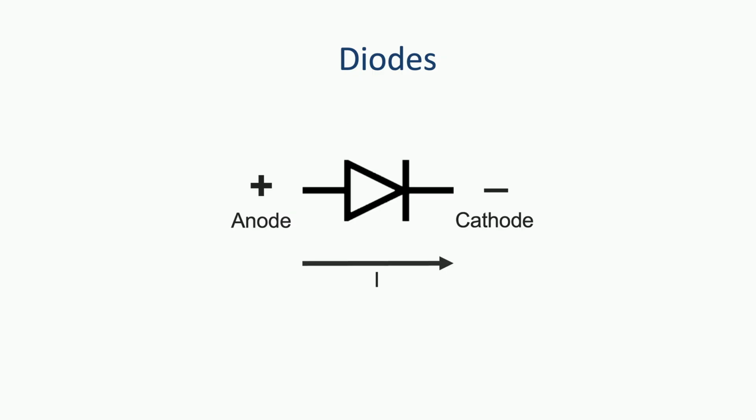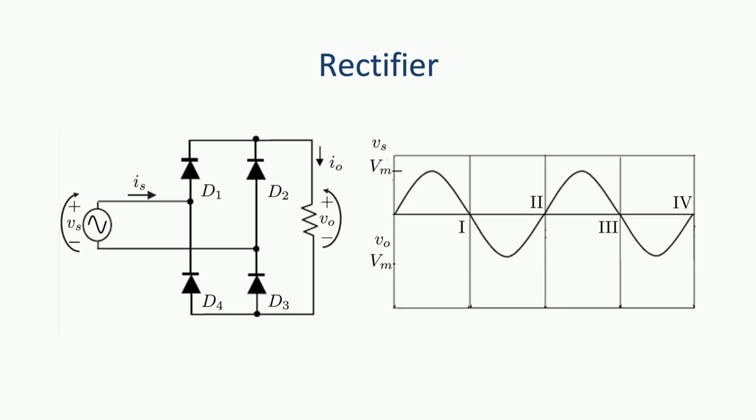Let's see now how this information about the operation of the diode will help us to understand how a power converter works. Let's consider this circuit containing four diodes. When the voltage signal is positive, which corresponds to time periods 1 and 3, diodes D1 and D3 will conduct and diodes D2 and D4 will block the current because of the positive direction of the current.